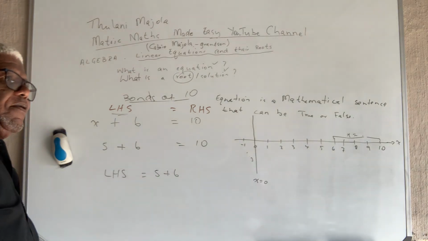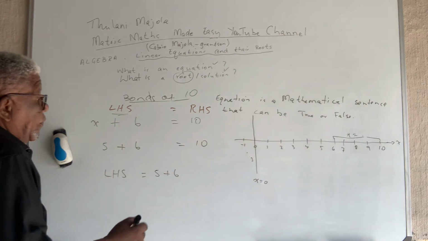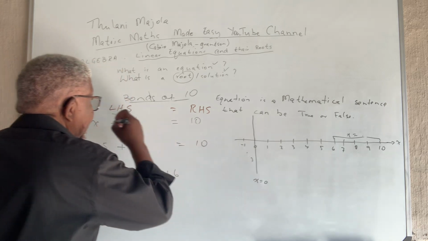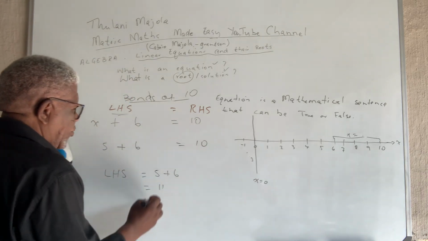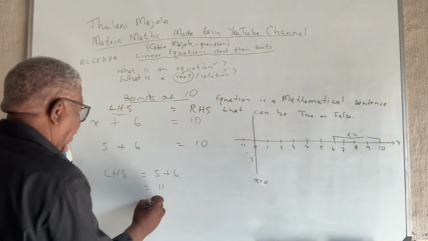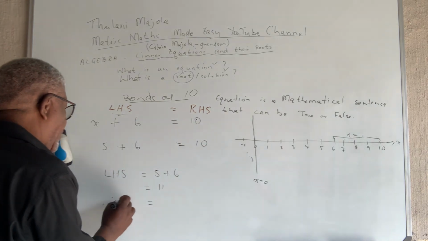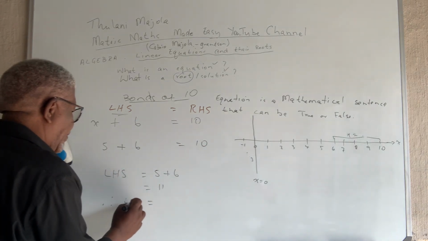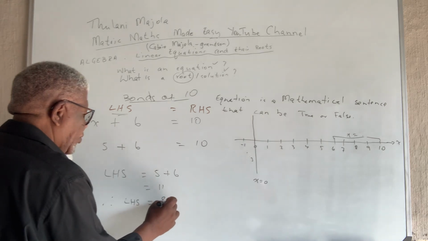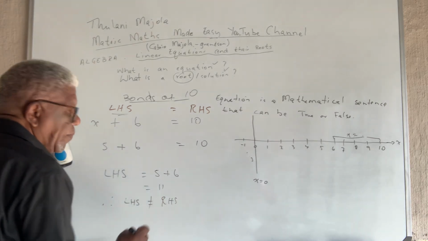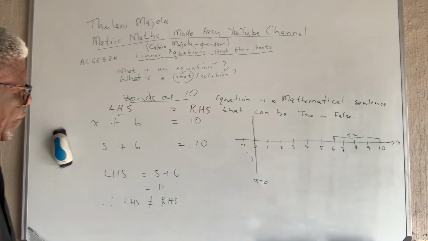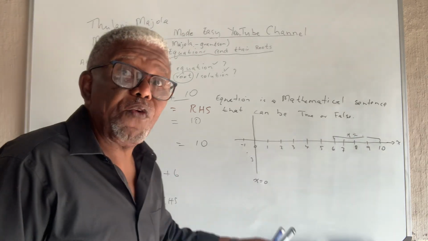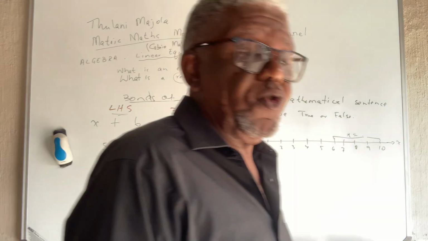We're checking whether this value of x equals 5 is true for the equation x plus 6 equals 10. So we find 11. Again, 11 is not equal to 10. Therefore, our left hand side is not equal to the right hand side, because the right hand side is equal to 10. So the value of x equals 5 is actually not true.